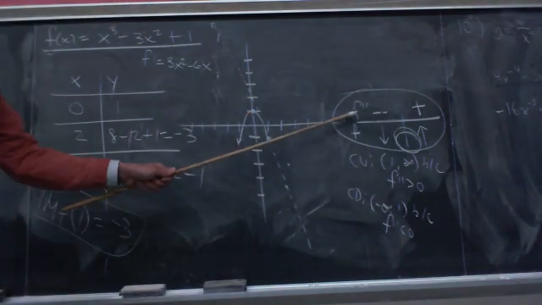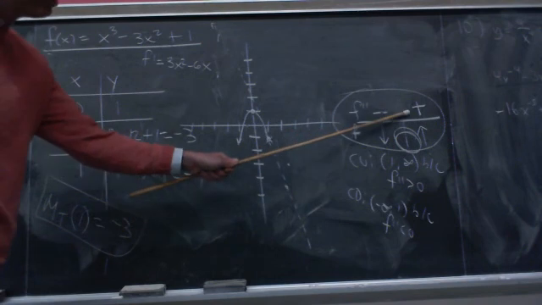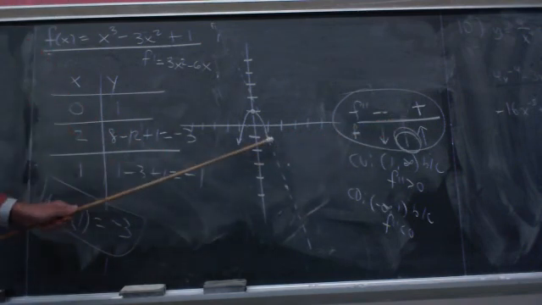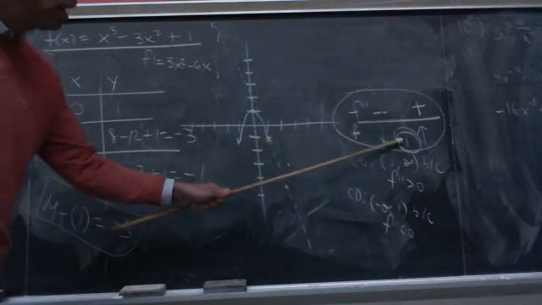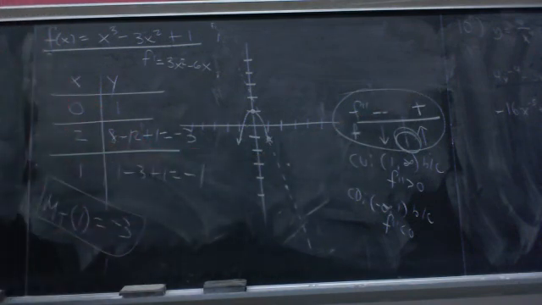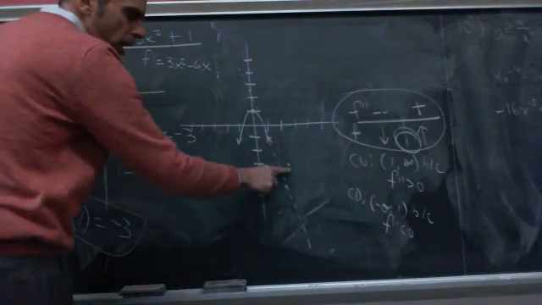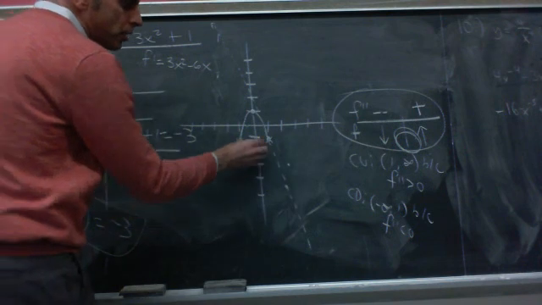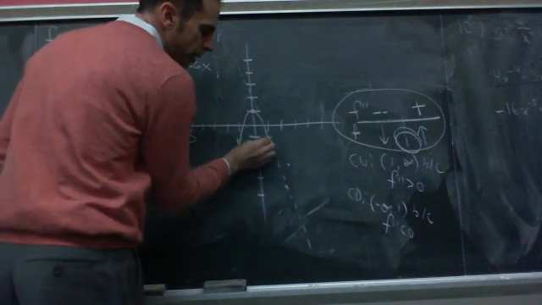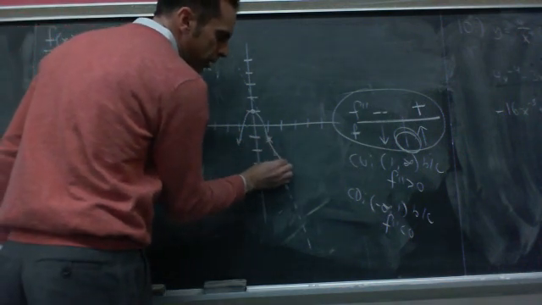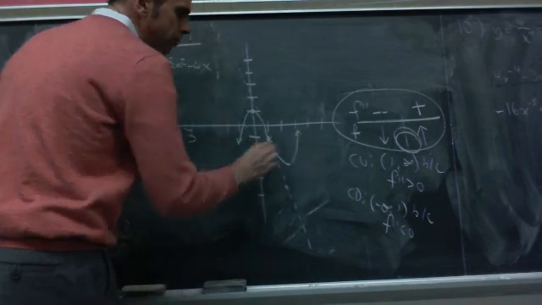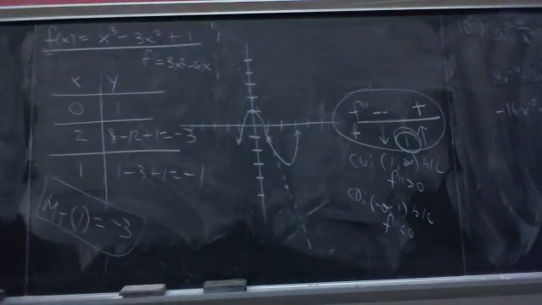Now, using your f double prime number line, to the right of 1 at that point of inflection, you are concave up. But you can't skip out on the local minimum. So you start at the point of inflection, you start out hugging it, reach the minimum, and be concave up.